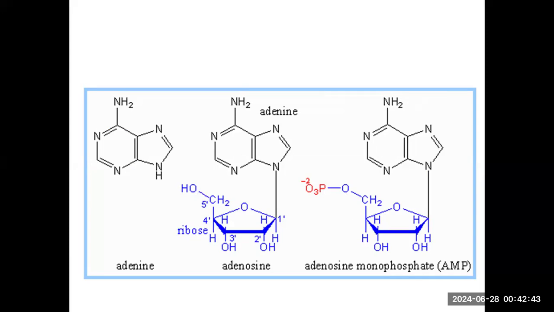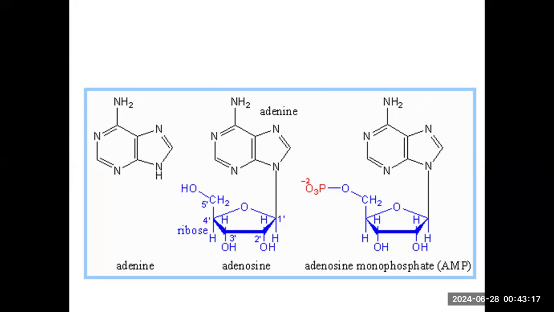One thing to remember right here is that purine and pyrimidine both contain carbon, and at the same time, the sugar attached to purine or pyrimidines also contains carbon atoms. So in order to differentiate the carbon atoms of the bases from the carbon atoms of the sugar, the carbon atoms of the sugar are marked with the prime sign.